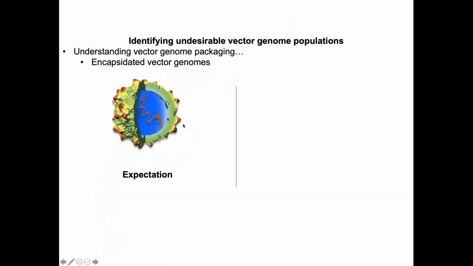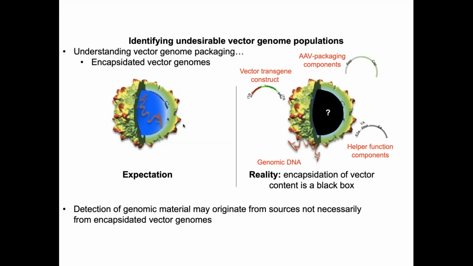So when I first came into the field, I was very naive in my expectations for the quality of vector that is produced, because my understanding was anything that was designed to be flanked by ITRs is essentially what is packaged. However, this is not the reality. Because these vectors are produced in cell lines, you can imagine that there is going to be some degree of error.